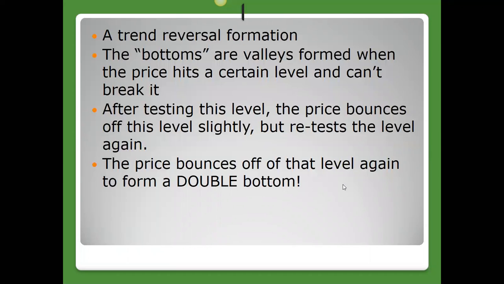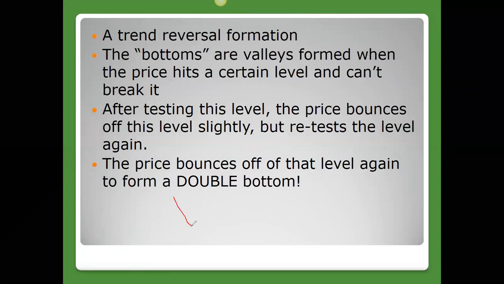All right. Now let's take a look at a double bottom pattern. A double bottom is, again, a trend reversal formation. The bottoms are valleys that are formed when the price hits a certain level and then can't break it. So we'll draw it here.